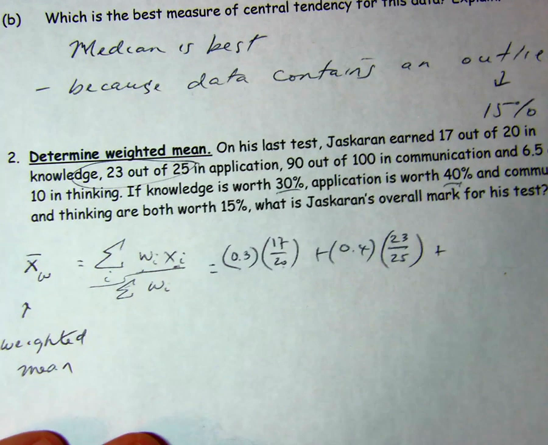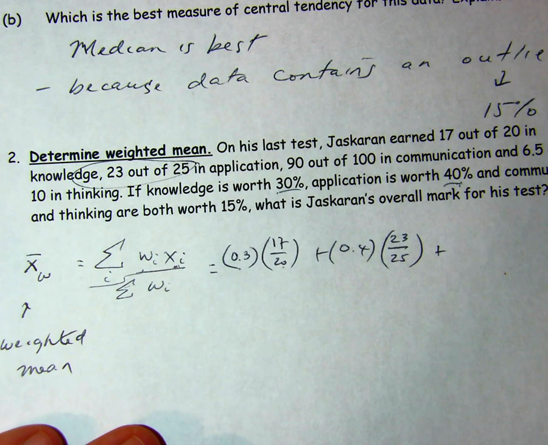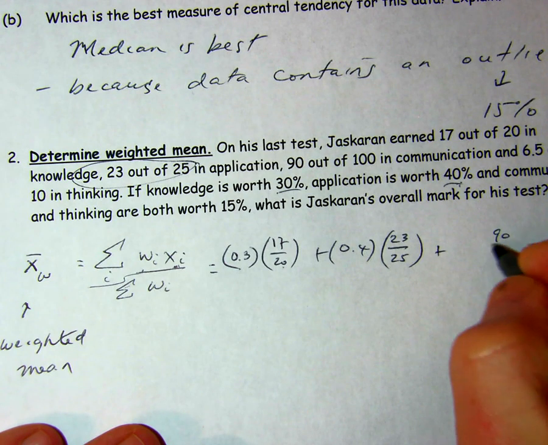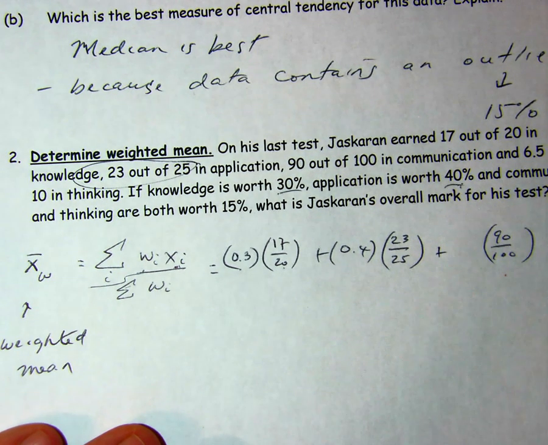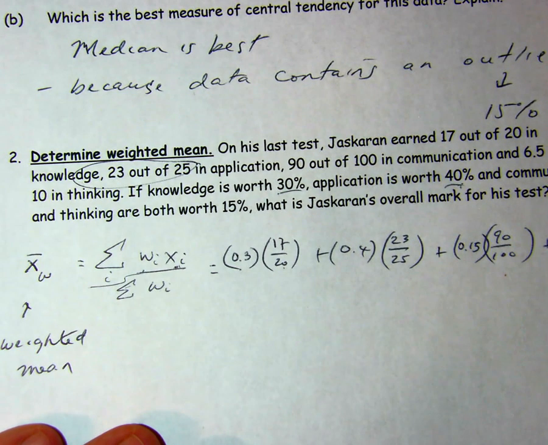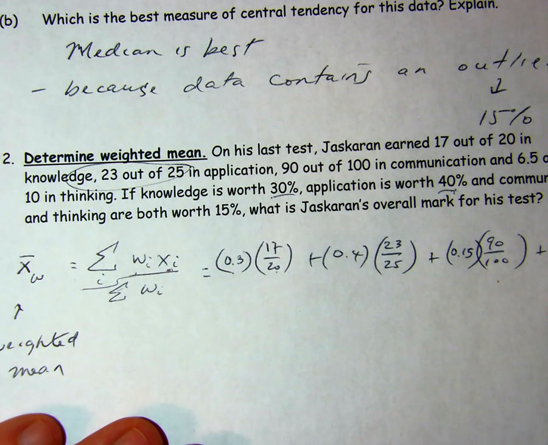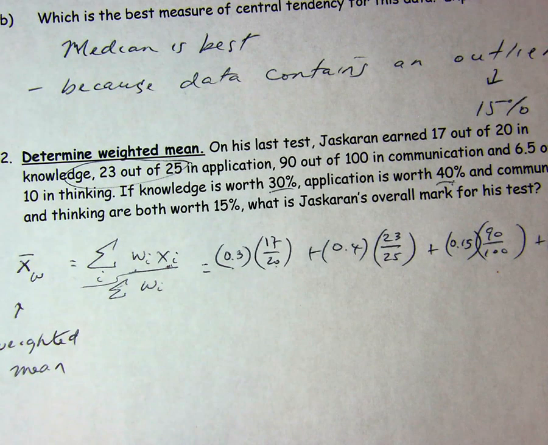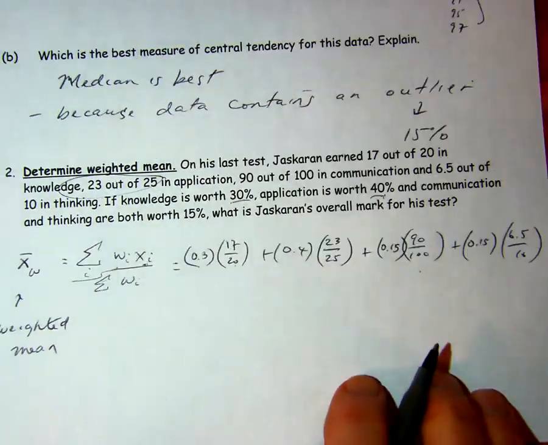And then we have 90 out of 100 in communication, and it's worth 15%, so 0.15 again. And then the last one, what was your mark? 6.5. Oh, you blew the thinking question. It's no surprise there.